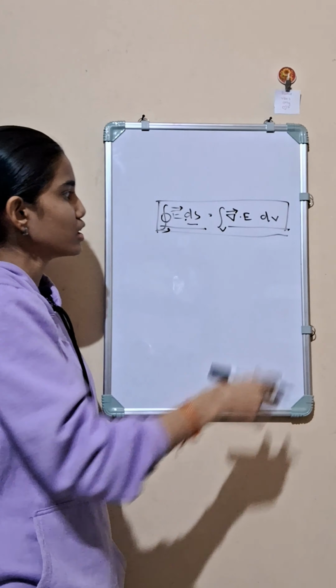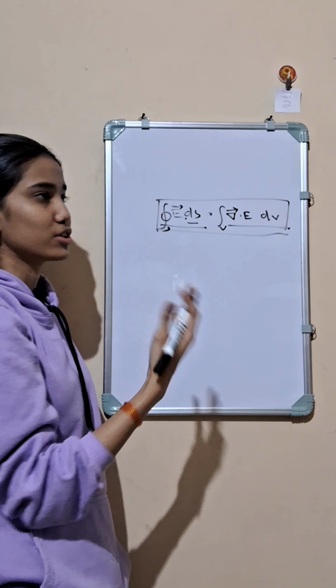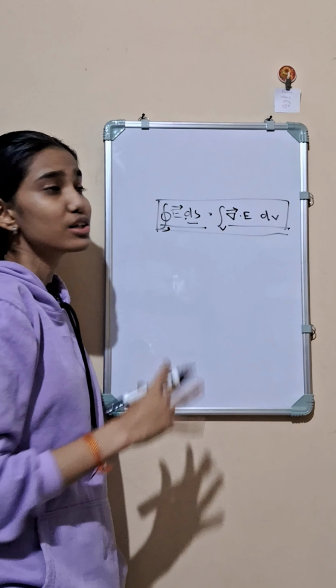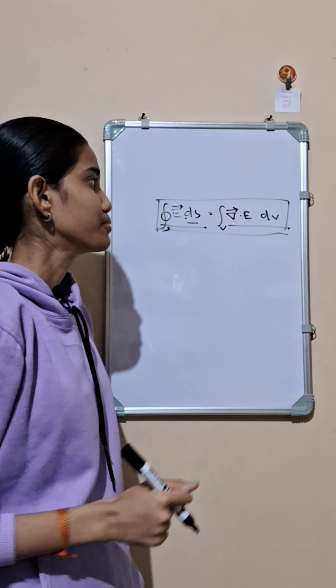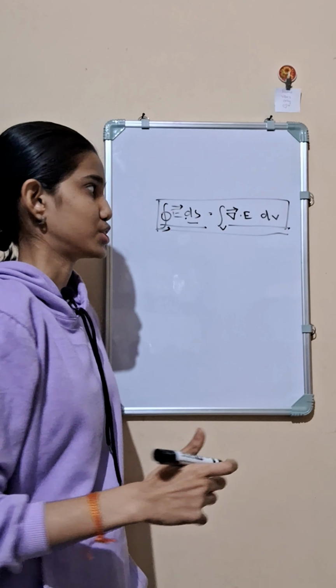For volume you can put a triple integral, and for surface a double integral, but you can also write it in a compact form to represent the Gauss divergence theorem. So now we are going to derive Poisson's equation.